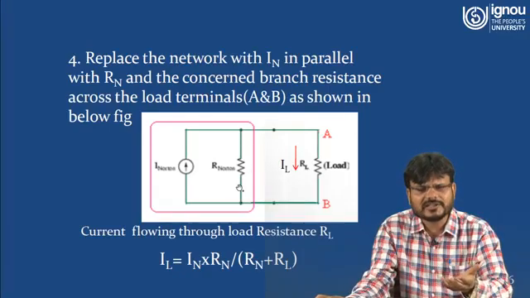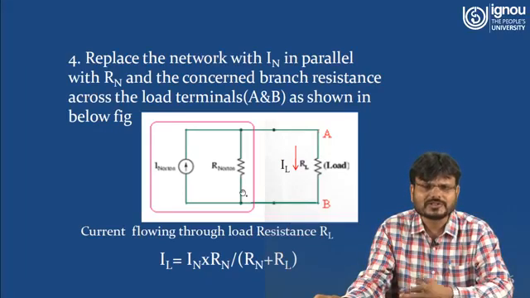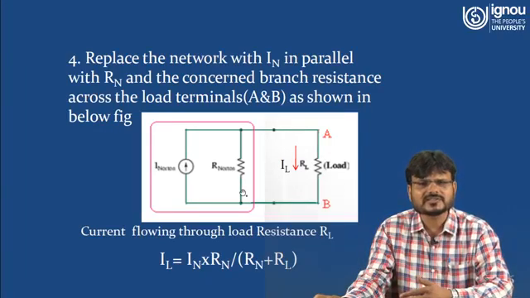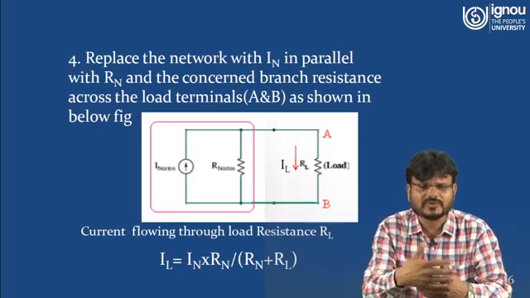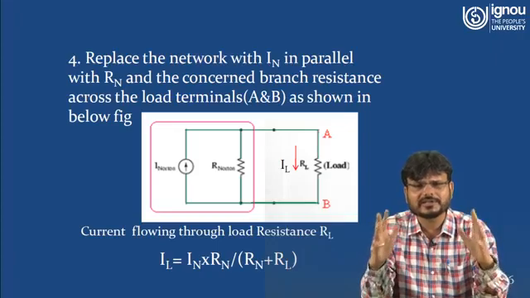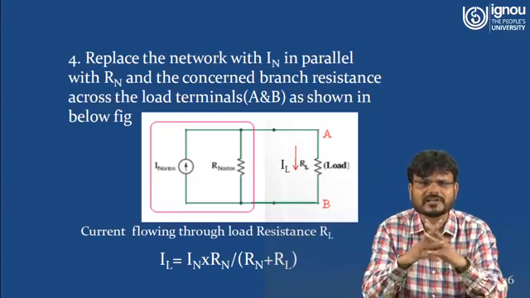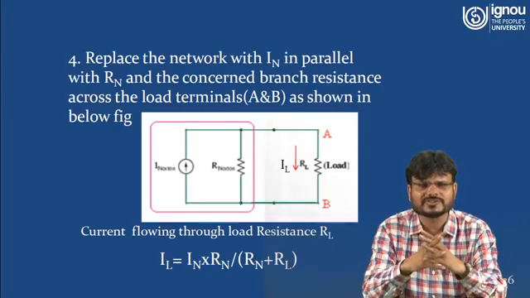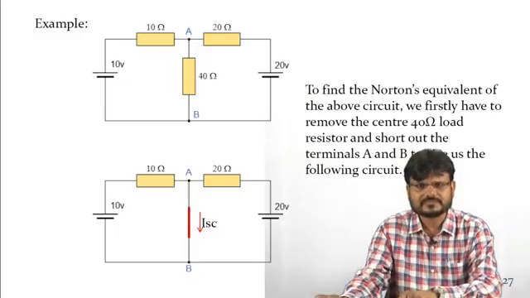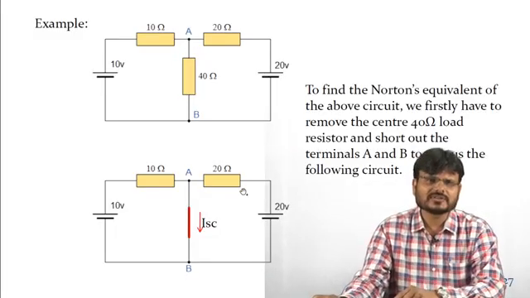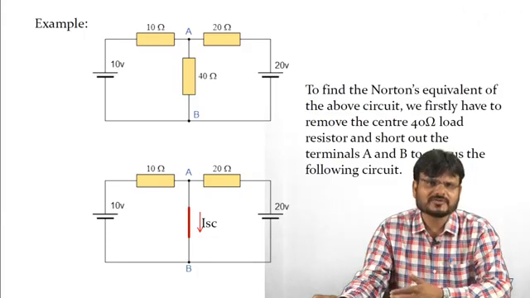Norton current is nothing but the short circuit current flowing through the terminals, and Norton resistance is the equivalent resistance looking from the two terminals into the network, while all independent energy sources are replaced by their internal resistance. The internal resistance of an ideal voltage source is 0, and the internal resistance of an ideal current source is infinite.